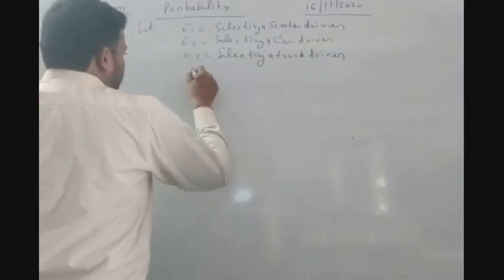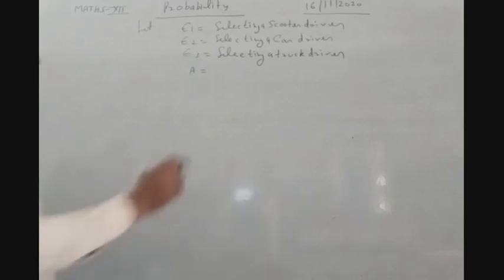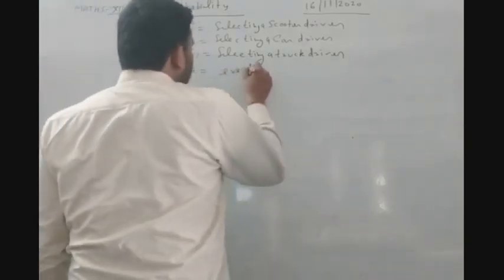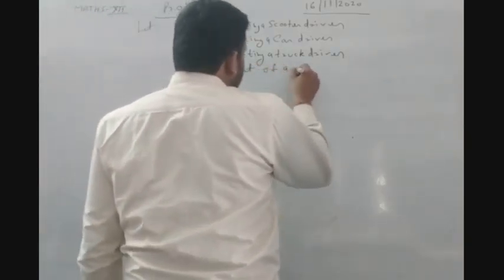And our event A is what? The probability of an accident is given. One of the insured person meets with an accident. What is the probability that he is a scooter driver? So this is the event of accident.